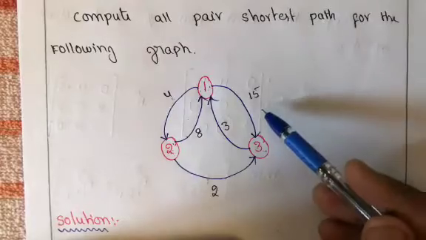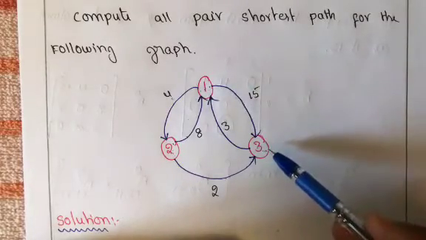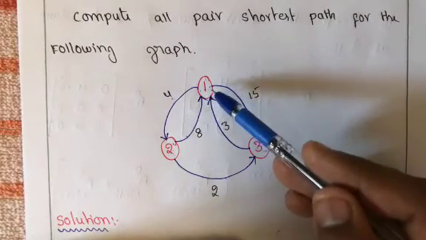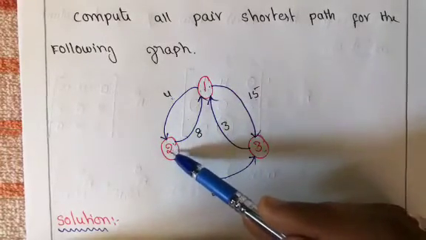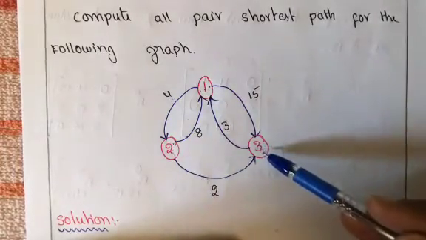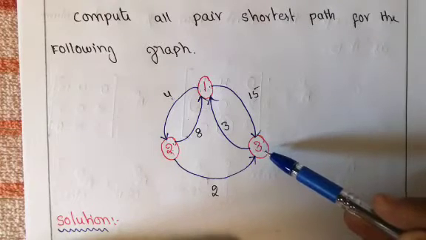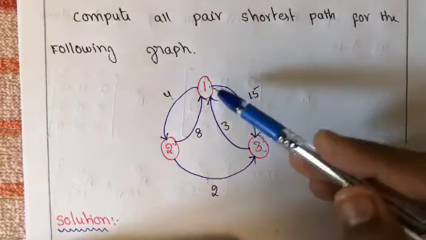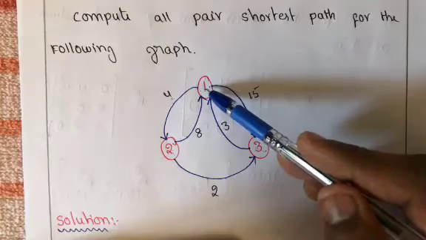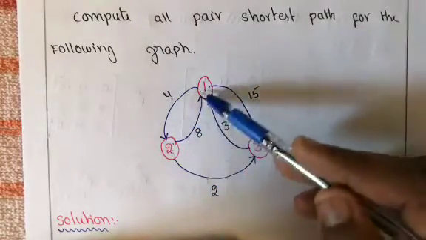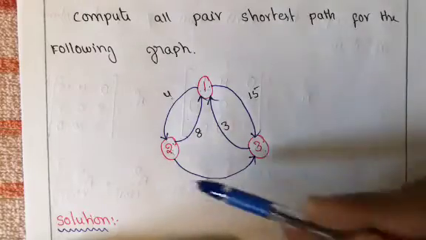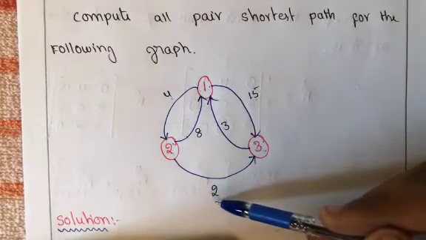In another way to reach the vertex 3 from 1, I can reach 1 to 2 as well as from 2 to 3 I am able to reach my destination, right? So here the total distance from 1 to 3 is 1 to 2 is 4 and 2 to 3 is 2. So total distance is 6.